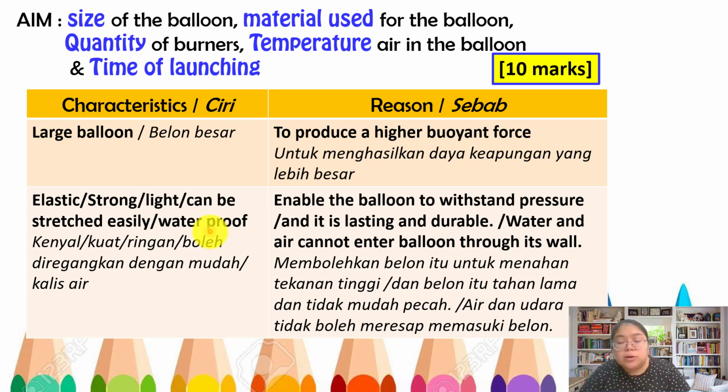So here there are 3 explanations for different characteristics, which means you can choose any one. Although you mention so many, we just give 2 marks only. Don't waste your time answering so many for one part. Then we go to the third part, the quantity of the burner.